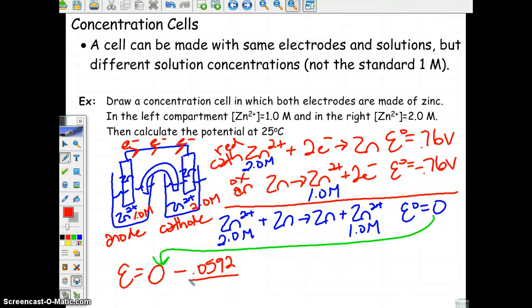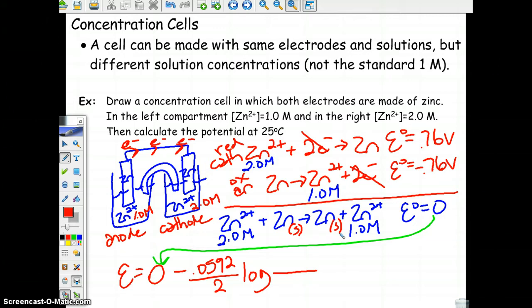What's n in this situation? 2. It was the 2 that we canceled out, times the log of Q. Well, Q is products over reactants, but what don't you include in Q? No solids, no liquids, right? These zincs right here are solids. You got to be really careful when you use the Nernst and you do Q with these equations, because some things are ions, some things are gases, some things are solids, some things are liquids.